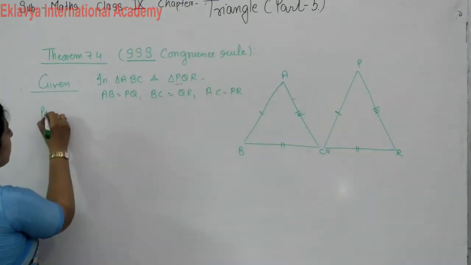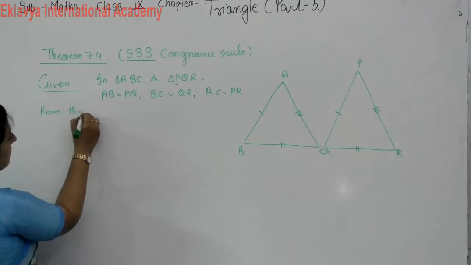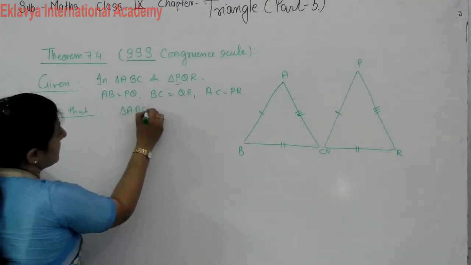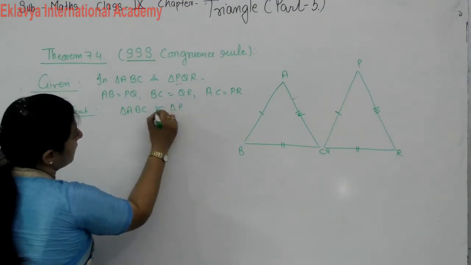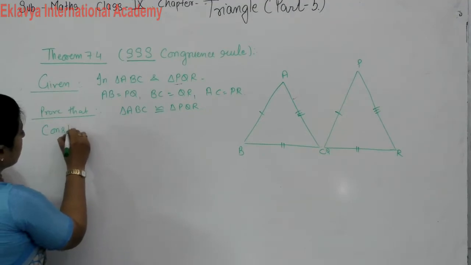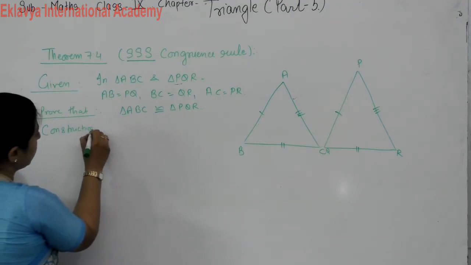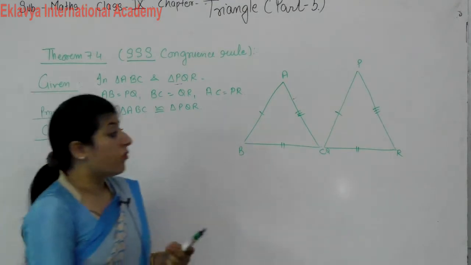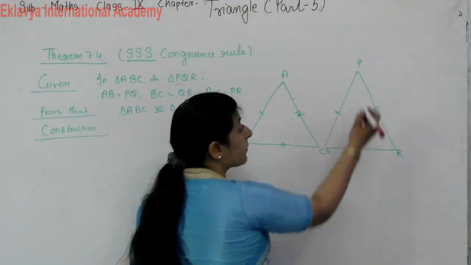Prove that triangle ABC is congruent to triangle PQR. For proving this, firstly we need to do construction in this. What construction will we do?